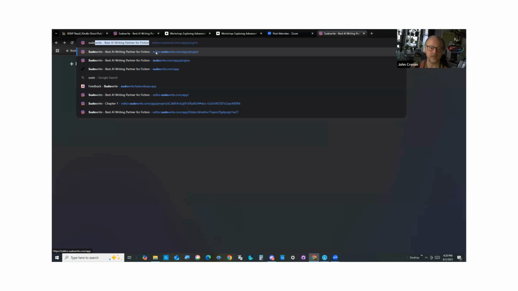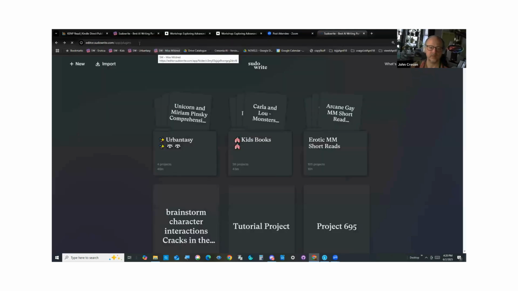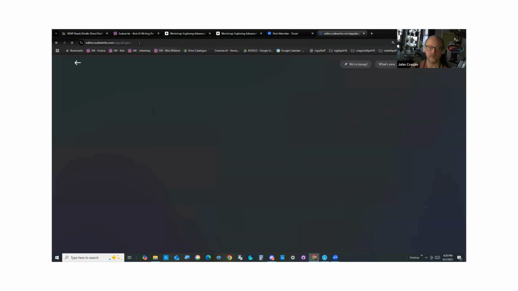Plugins, there we go. If I want to find that one again, it's actually pretty easy because you can just go to yours and it should show up at the top.